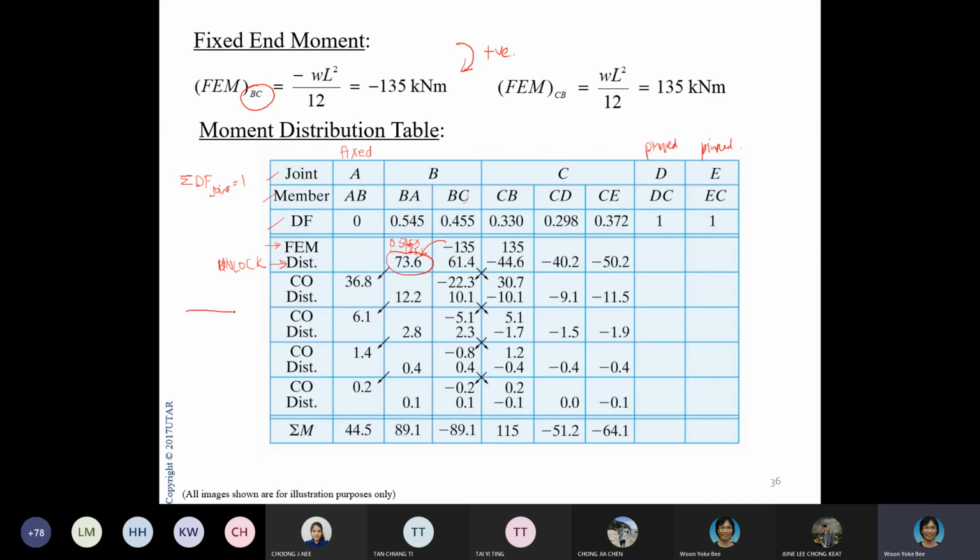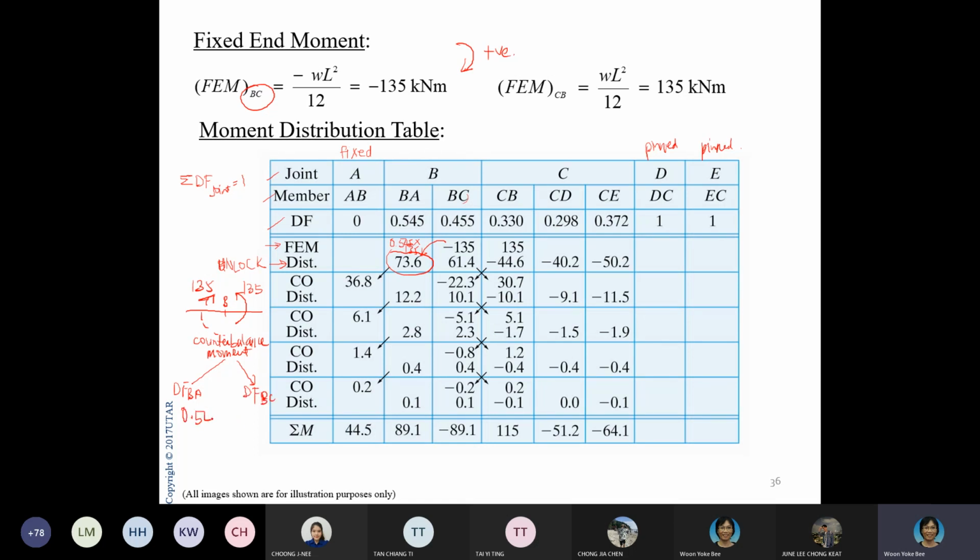Okay, because I have joint B, when I release this, this is 135. When I release it, I will have an equal and opposite. This is the counterbalance moment, and I will distribute it to BA and to BC.